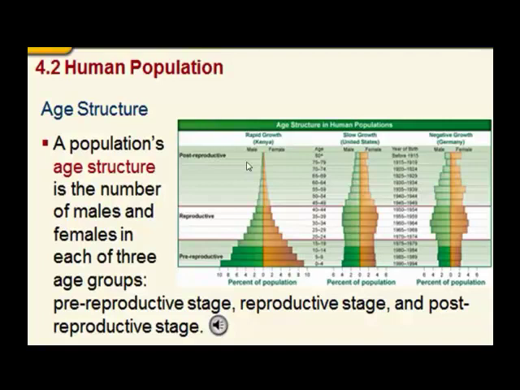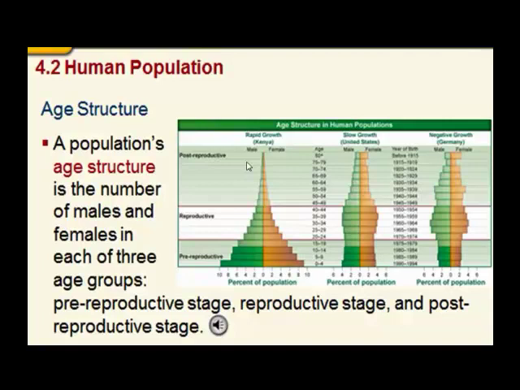Now let's look at the United States in the middle there. The United States is a slow growth country, so you can see we have a little more individuals in the pre-reproductive and reproductive ages than we do older. So we are still having a positive growth rate, but again, it's not as dramatic as what is happening in Kenya.